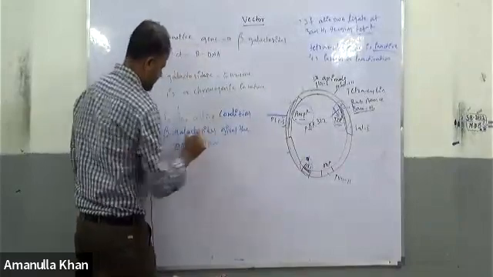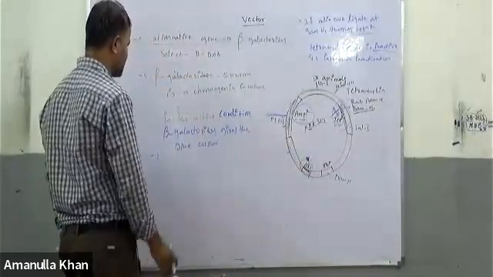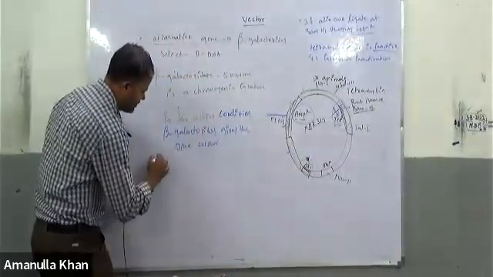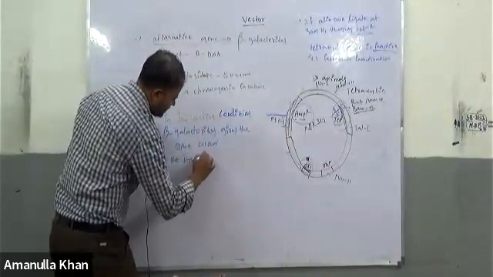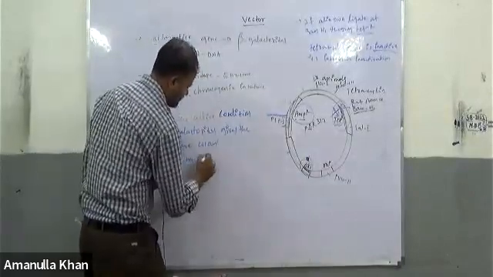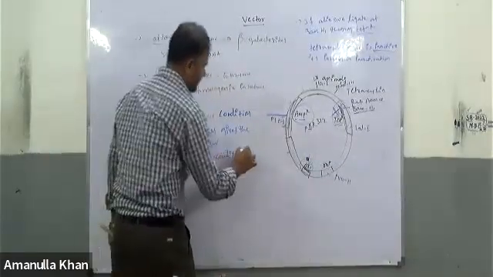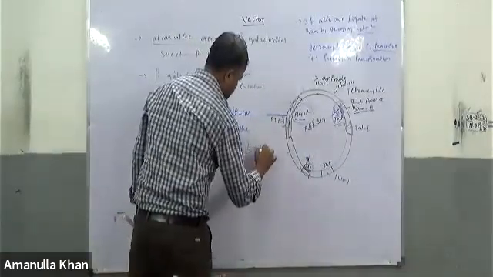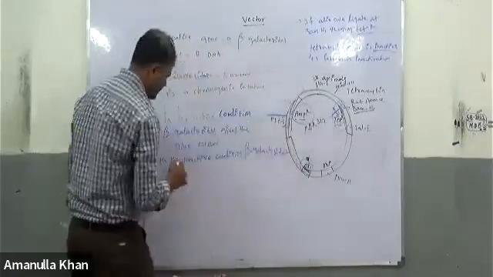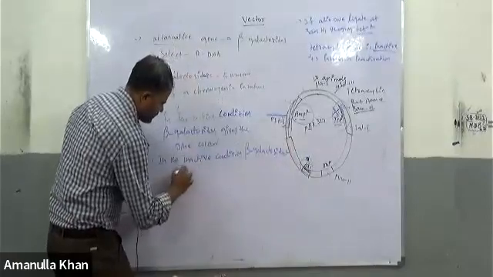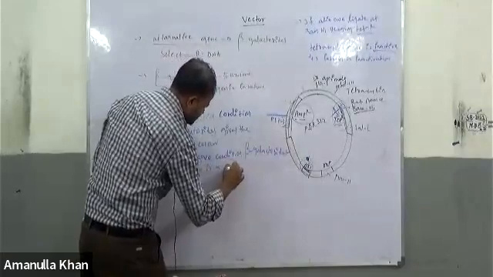In the inactive condition, the beta galactosidase enzyme is colorless.